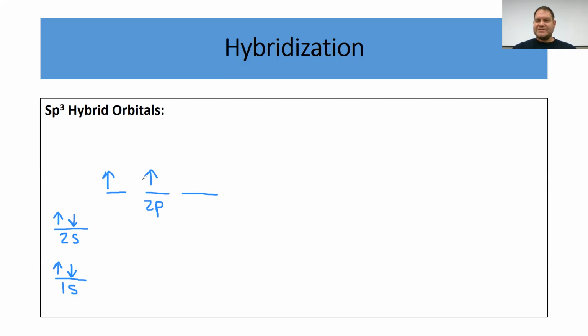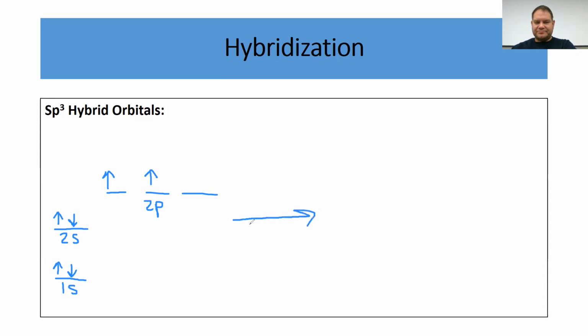So in this case, we're going to show you how carbon undergoes hybridization to form sp3 hybrid orbitals. And as a result, this will allow carbon to actually form four bonds, okay? So this is what we're going to do.